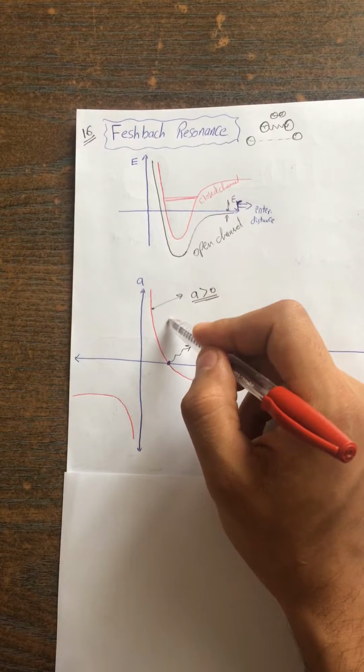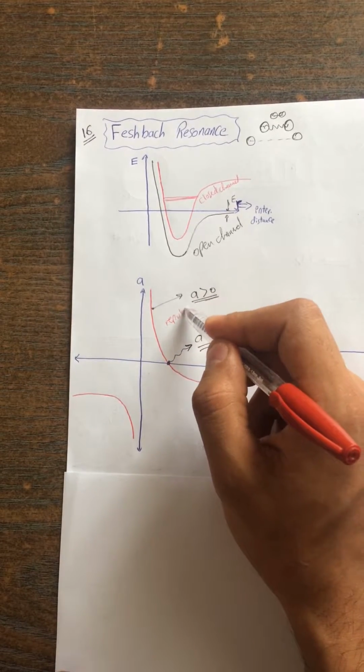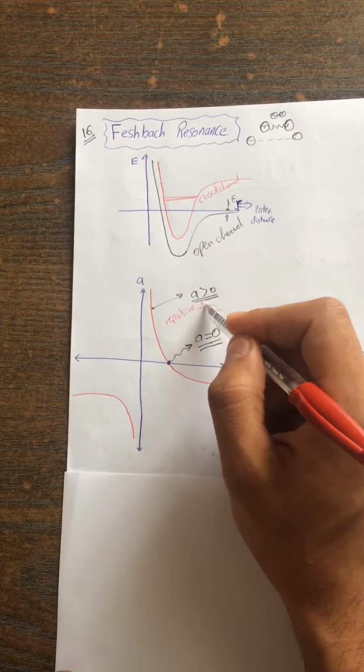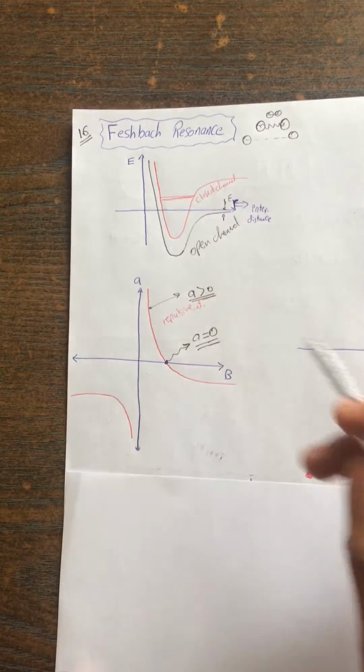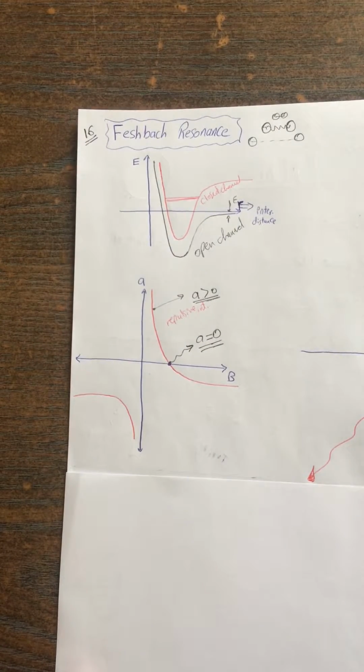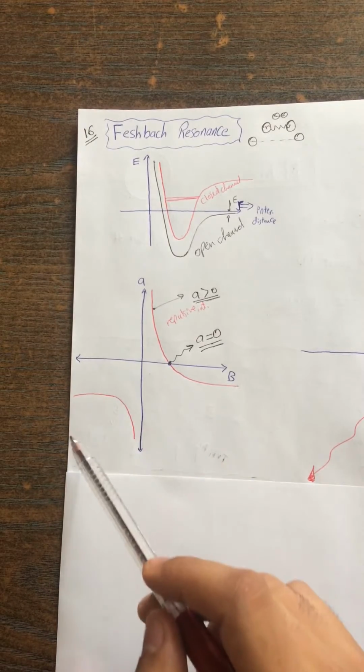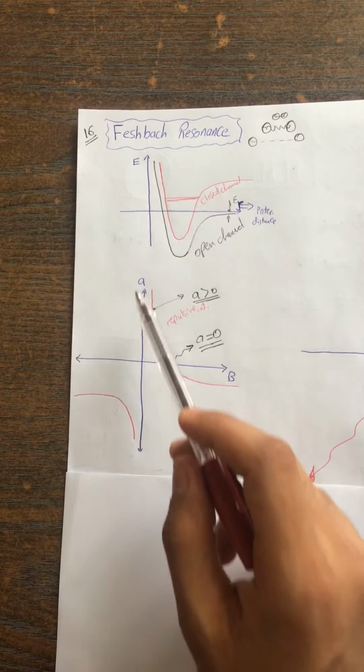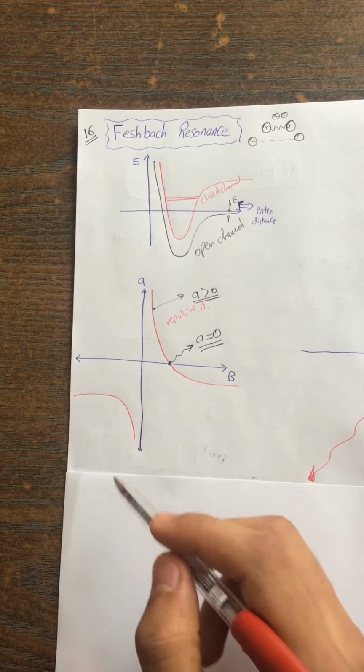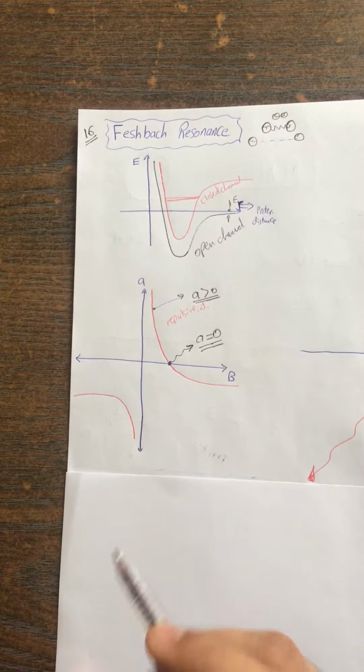So this is repulsive interaction. On the other side of the axis, the scattering length is negative. So it means that this is a very attractive interaction.